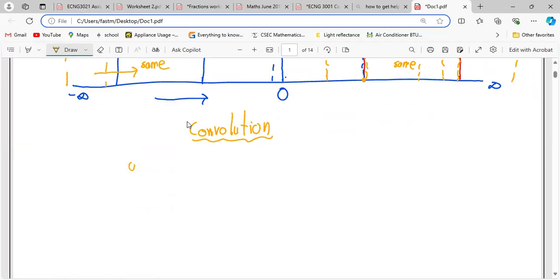So y of t is equal to the integral from minus infinity to positive infinity of h of tau convolved with x at t minus tau d tau.